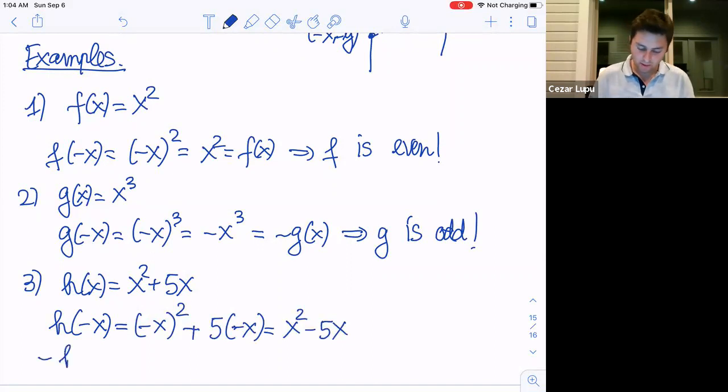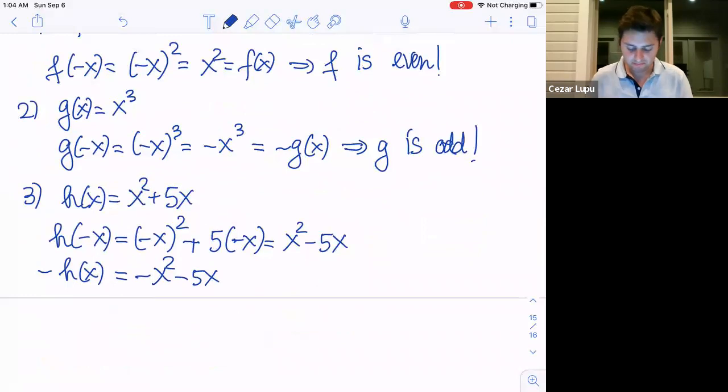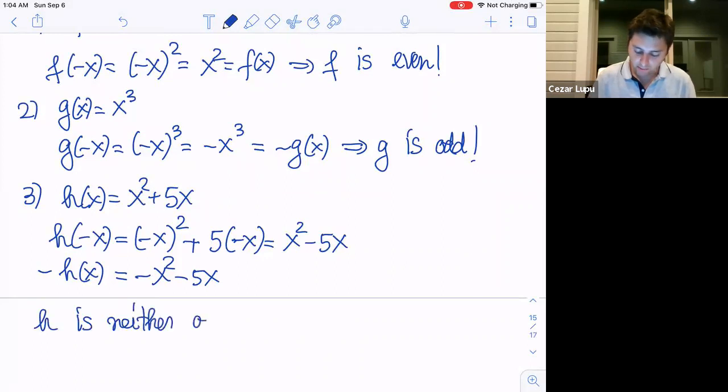Well, if we look at negative h of x, this will be negative x squared minus 5x. So, whoa, it doesn't fit into the picture. So h is neither odd nor even.